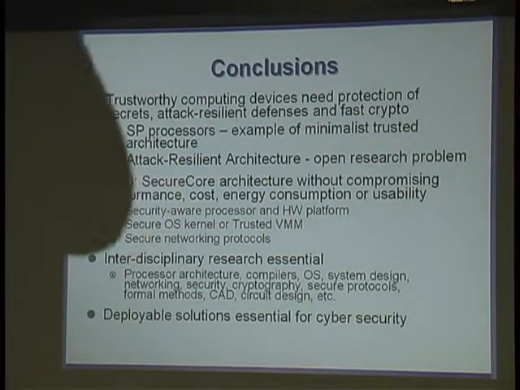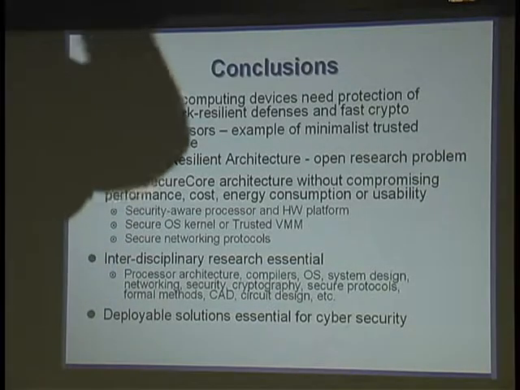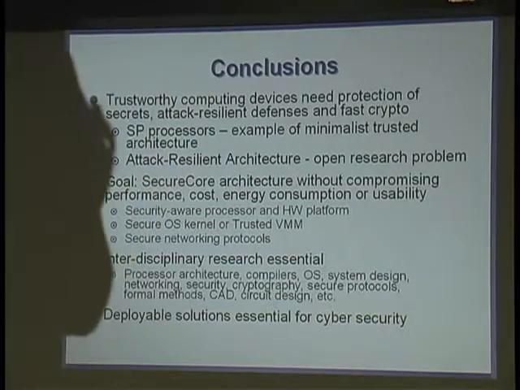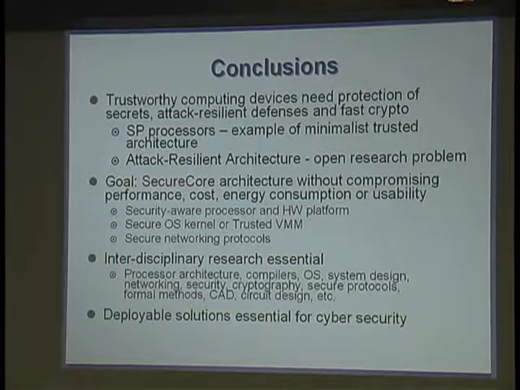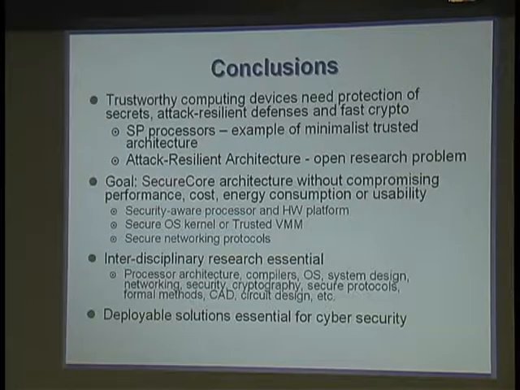So this requires a great deal of interdisciplinary research across all these methods, including formal methods for proving and so forth. And it is an essential problem to solve. Deployable solutions are essential, not only to protect the user's own information, but for the security of cyberspace.